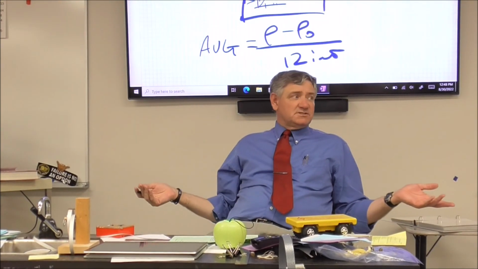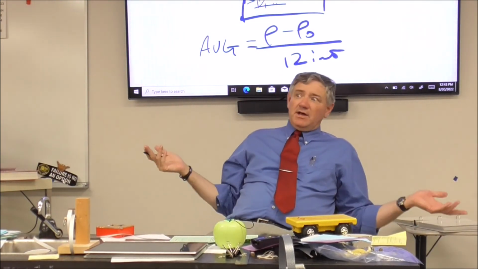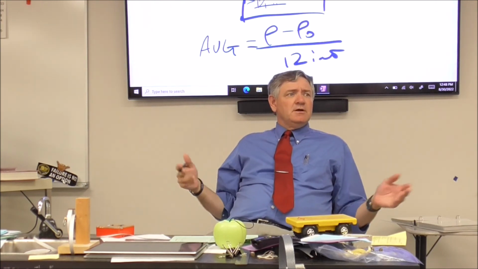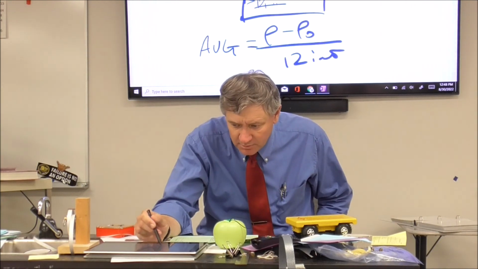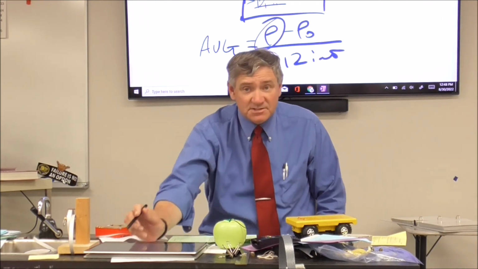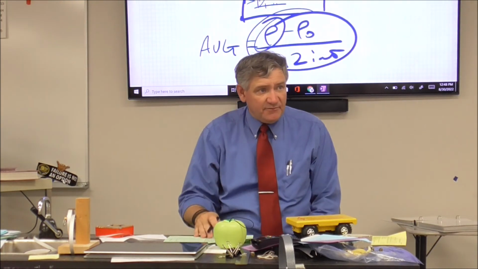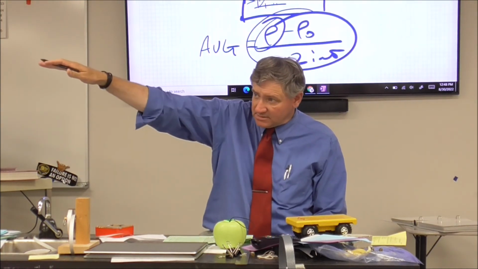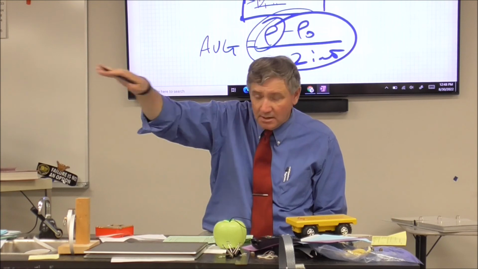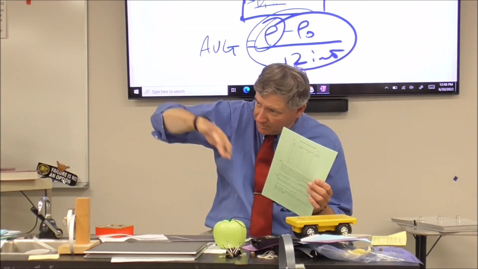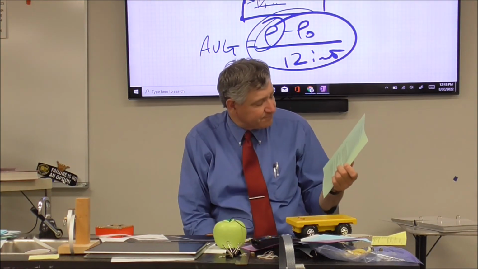What was the total displacement? Add that up. It's usually around 20 to 30 centimeters. So you take your overall total displacement minus 0, and divide that by 12. You're going to get an average velocity. Draw that as a horizontal line on the velocity time graph, and then draw it as a sloping line on the position time graph.